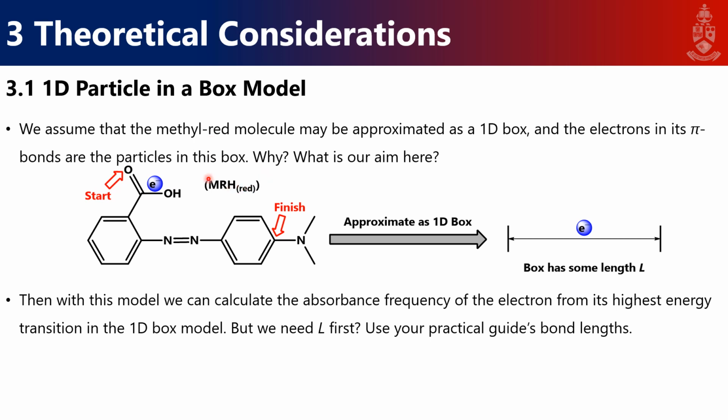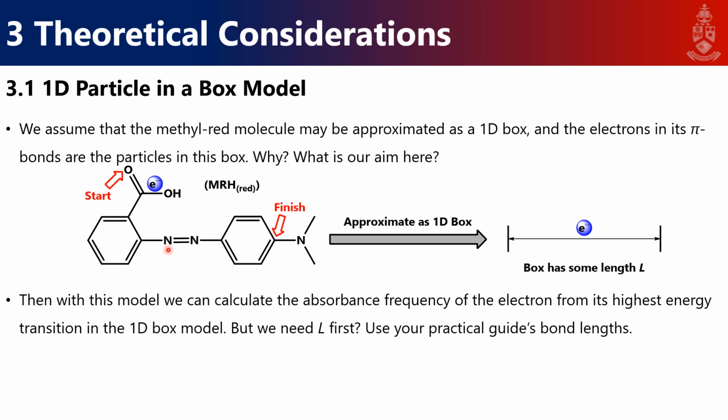Specifically, since absorption or UV-vis has to do with valence electrons being excited to a next higher state, the perfect example here is a particle in a box model, specifically a 1D particle in a box. Because we have a conjugated system, the electron can move around everywhere the molecule is conjugated.